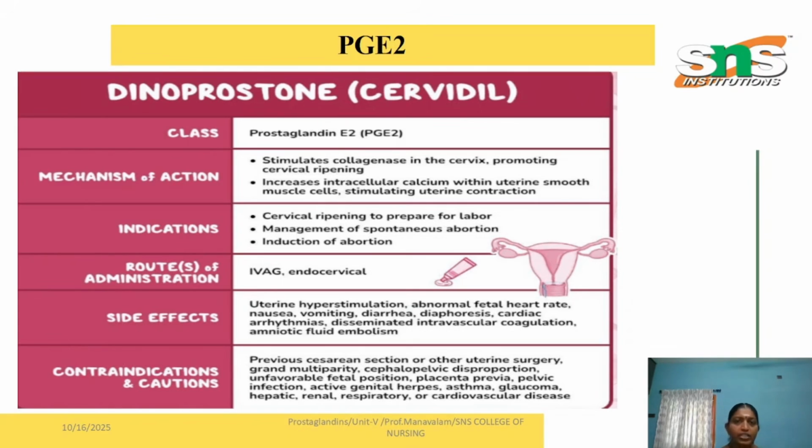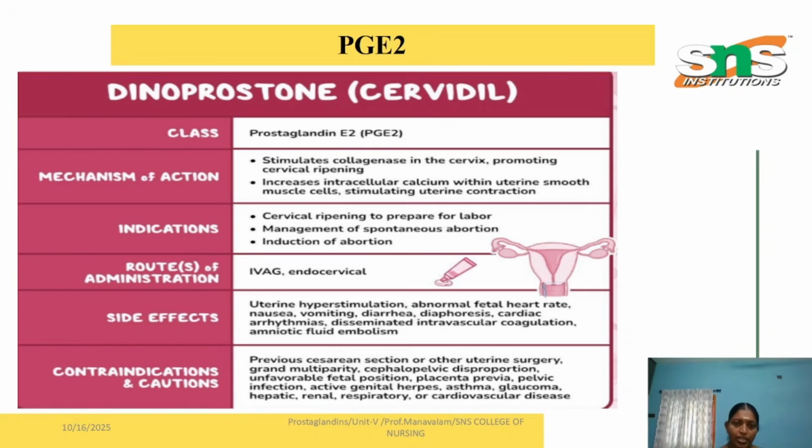So this calcium is very much helpful for the uterine muscle contraction. The cervical ripening and the uterine contraction, both processes go on simultaneously in order to progress the labor. The main indication is cervical ripening to prepare for the labor process.